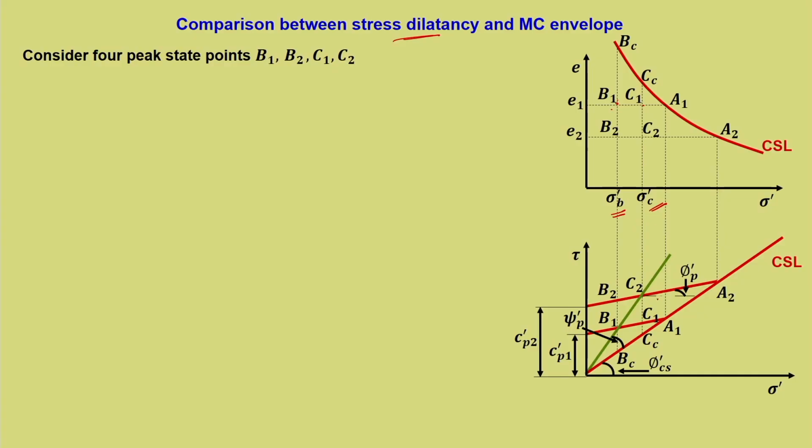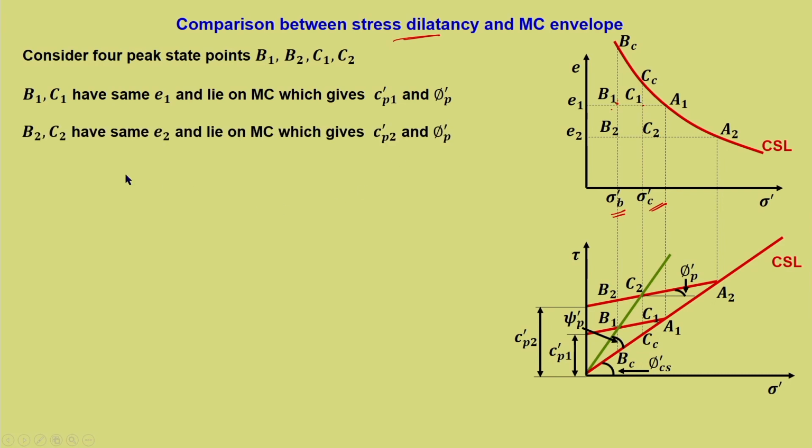So, for the peak line, phi dash P is the critical state angle plus the dilation angle. B1 and C1 have the same E1 and lie on a Mohr Coulomb failure envelope, which gives c dash P1 and phi dash P. We have already seen that. B2 and C2 have the same E2 and lie on a Mohr Coulomb failure envelope, which gives c dash P2 and phi dash P.